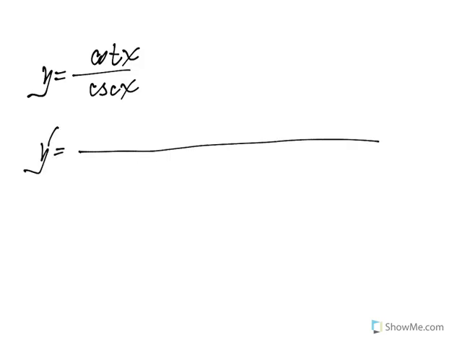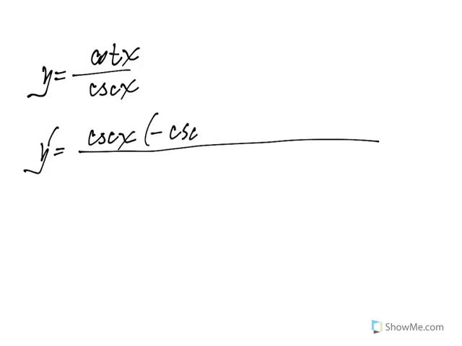All right, let's say I've got y is equal to the cotangent of x over the cosecant of x. Hey, that's a quotient. Here we go. y prime is equal to low, which is the cosecant of x, times the derivative of the cotangent.